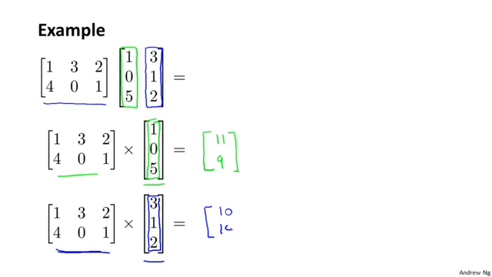And by the way, if you want to practice your matrix vector multiplication, feel free to pause the video and check this product yourself. Then I'm just going to take these two results and put them together, and that'll be my answer. So the outcome of this product is going to be a 2 by 2 matrix, and I fill it in by taking my elements 11, 9 and plugging them here, and taking 10, 14 and plugging them into the second column.